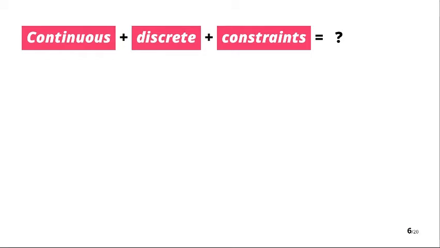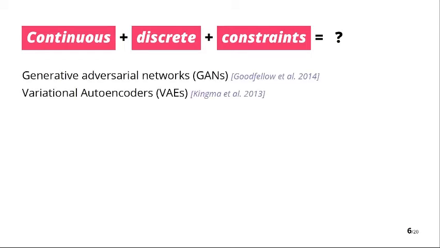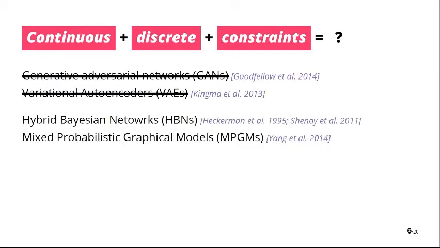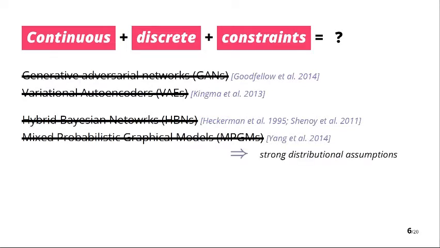Then which probabilistic model can we use? Can we use the popular generative adversarial networks or variational autoencoders? Nope, because they have limited inference capabilities and they're not able to deal with constraints. Then what about classical probabilistic graphical models like the hybrid Bayesian network or mixed PGMs?